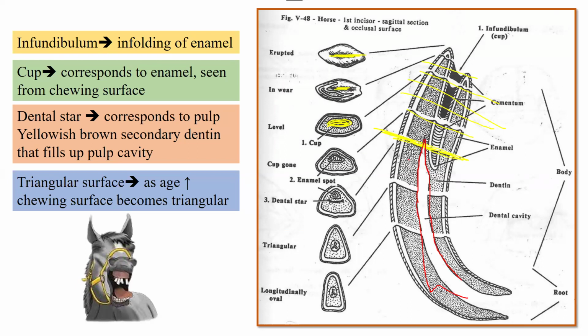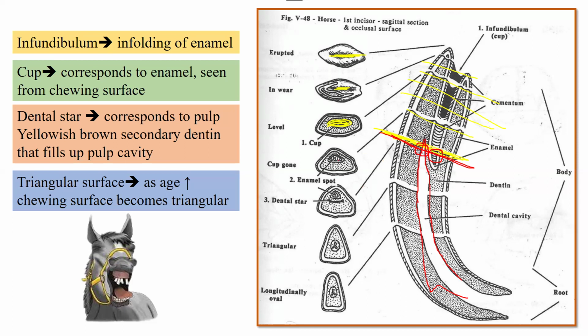You can see that the pulp cavity will start to appear on the surface or get exposed on the surface as the tooth starts to wear from the top to the bottom with age. So at this point, you will have on the chewing surface two marks. First mark will be this cup, and the second thing that will be exposed is this pulp.